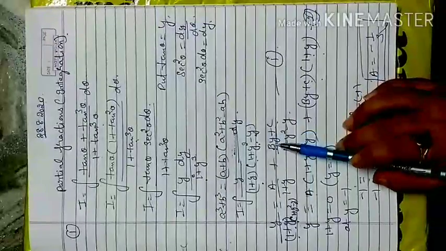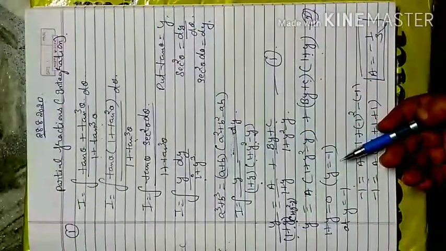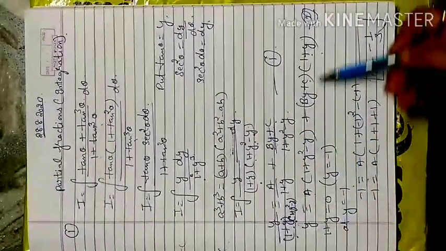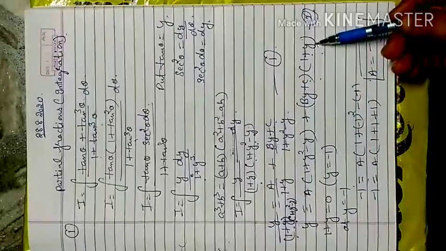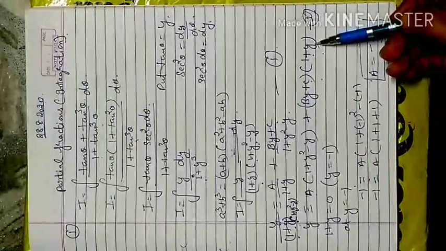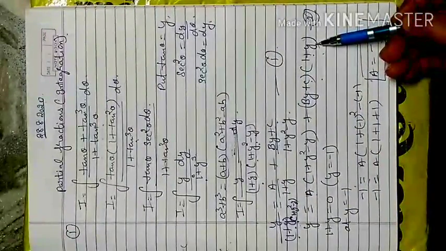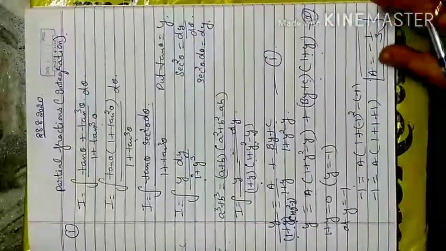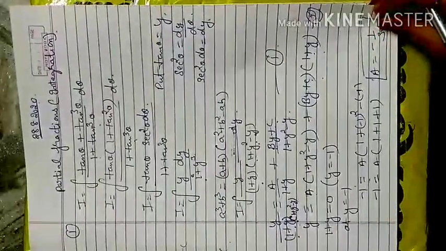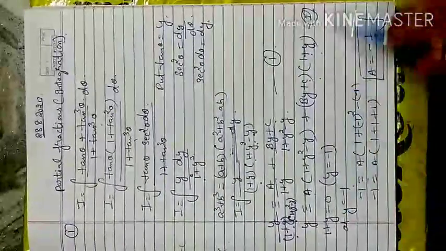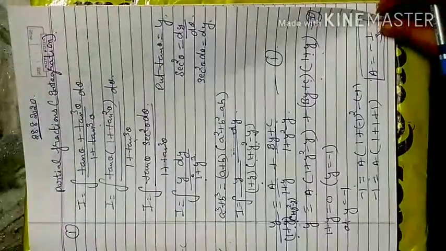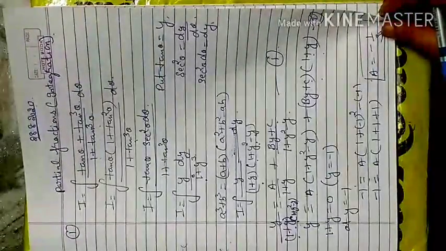Because no further linear factor is present, the next step is to expand equation 2 and equate the coefficients of the higher power of y. So I have to open this first, then equate the coefficients to find the b and c values.